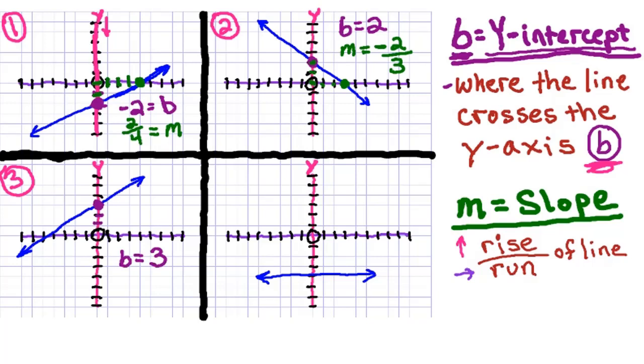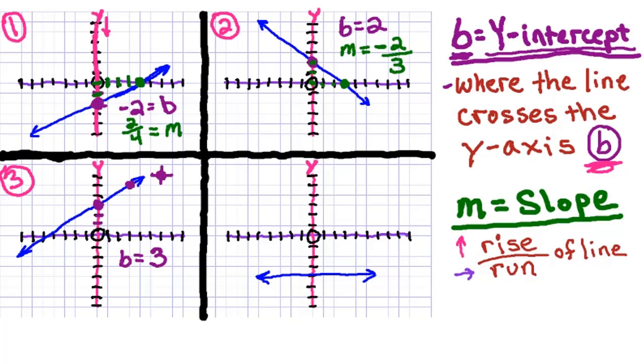So the y would be a positive 3. And then we need to find the next time the line is going to run into the notches, where the notches of the y and the x meet, which would be right here. That's the next time the line crosses the junction where the lines meet.